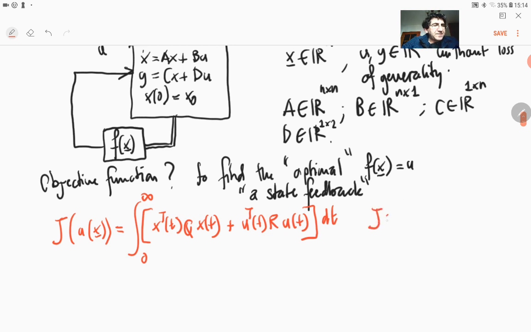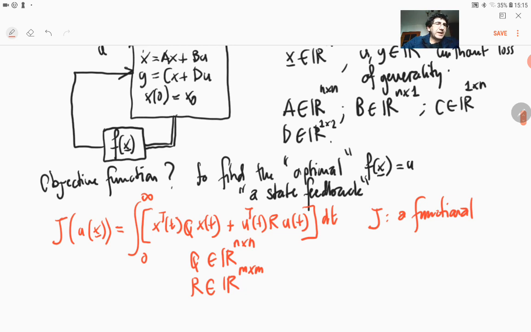And J is a functional, as we defined before. So it's a function of a function. So we have Q being an element of R^(n by n), n being the number of states, and R being an element of R^(m by m), m being the number of inputs.